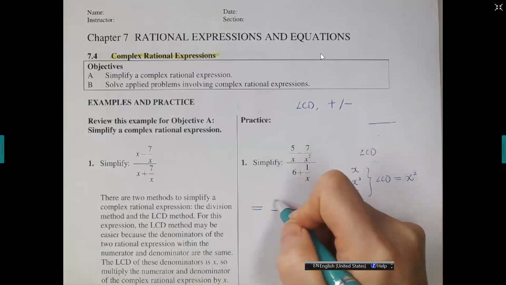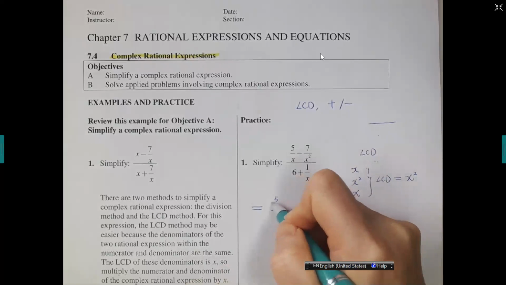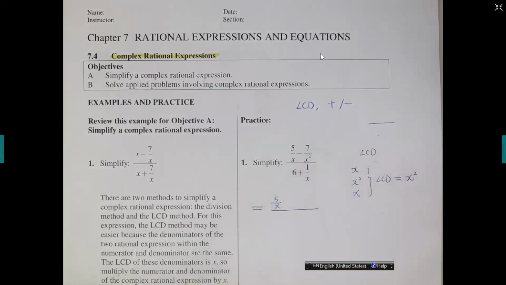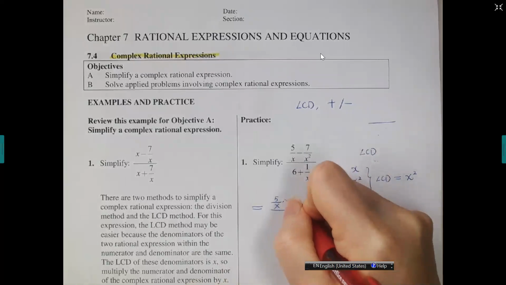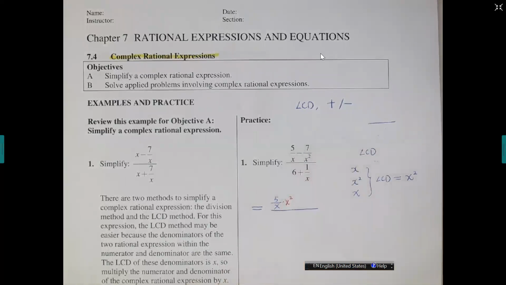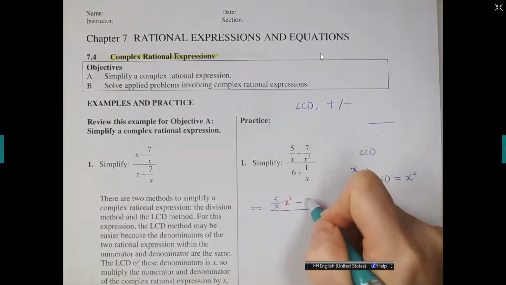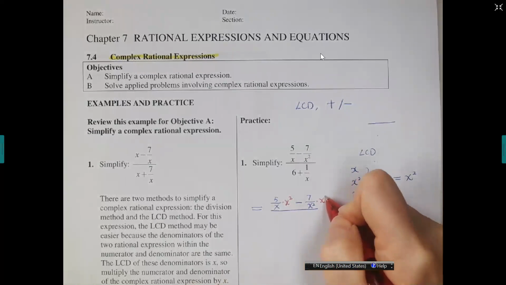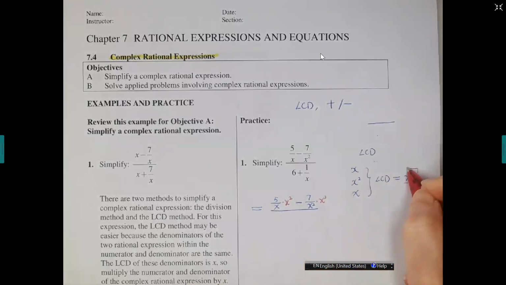The first term in the numerator is 5 over x. So I multiply this by x squared. And then subtract the second term, 7 over x squared. So this one also multiply by this LCD.